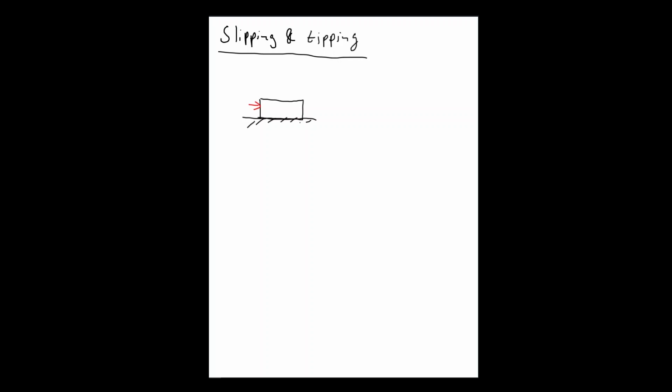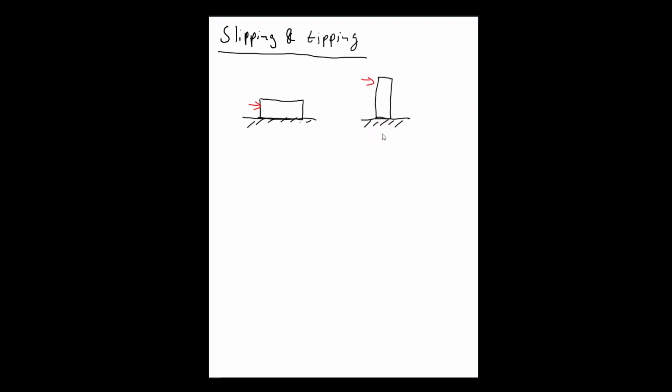Let's look at a different box. Let's say I tip my box on its side. It sits like this. Again, it sits on a rough surface, so it doesn't just slide. Now what happens if I start pushing on it?